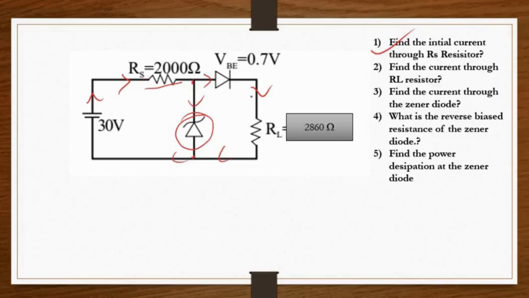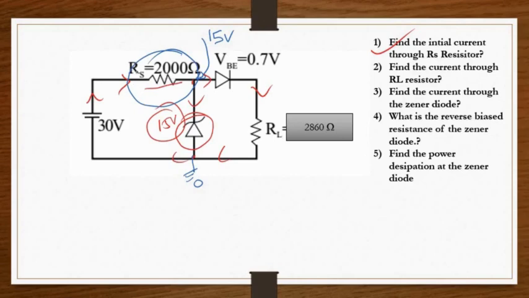So in the data they are telling us the Zener voltage is 15 volt. If I ground here, if it's 0 here, the potential here will be 15 volt, right? So the remaining 15 volt will be absorbed by this 2000 ohms resistor.